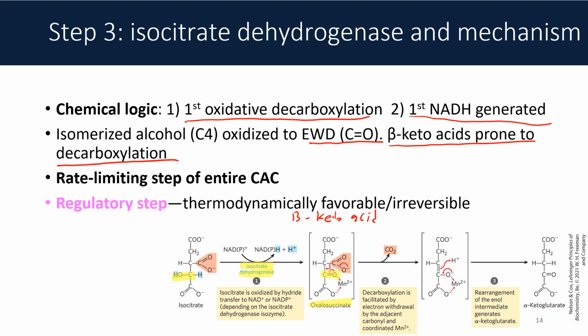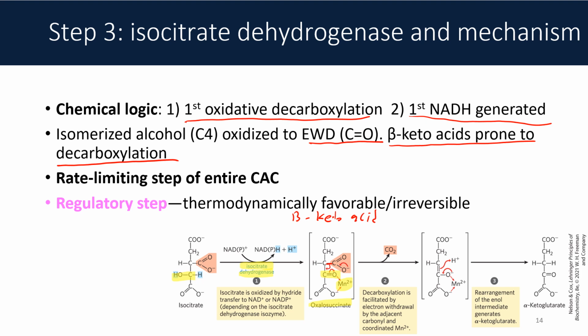To clarify what I mean by that, the electron withdrawing effect is going to sort of act like a vacuum that's going to make the bond between this carbon and the carbon of this red highlighted carboxyl area very weak and very unstable. And when you throw in this manganese cofactor from the enzyme, oh boy, it's like we crank up that electron vacuum effect all the way to 10.